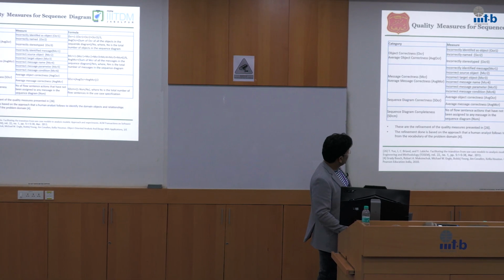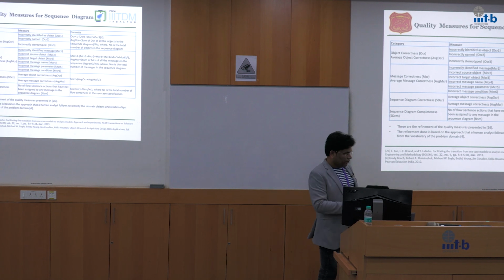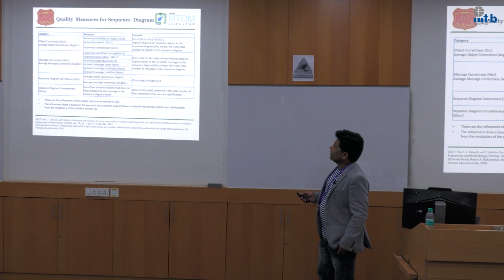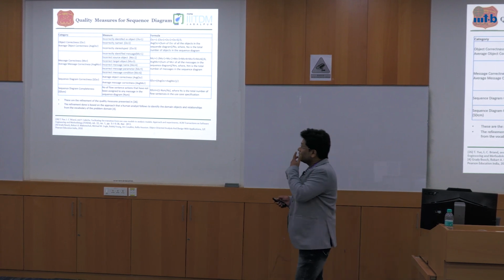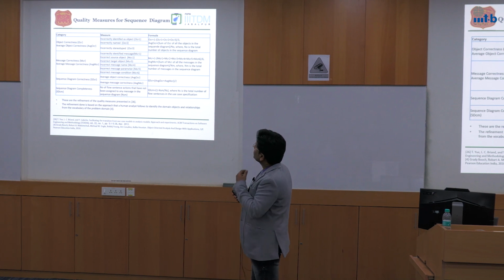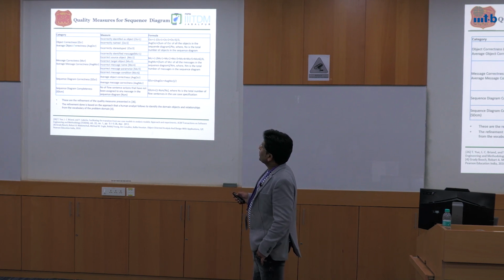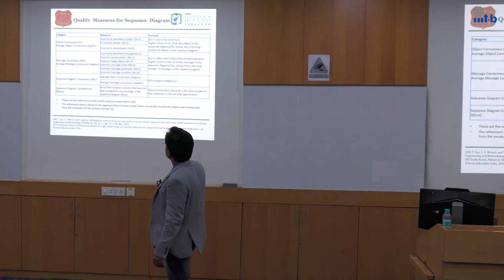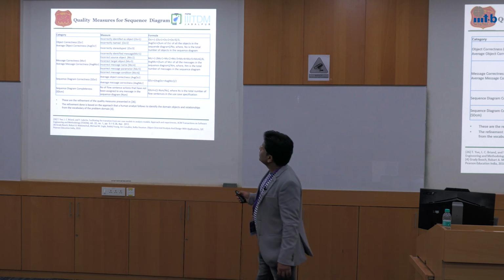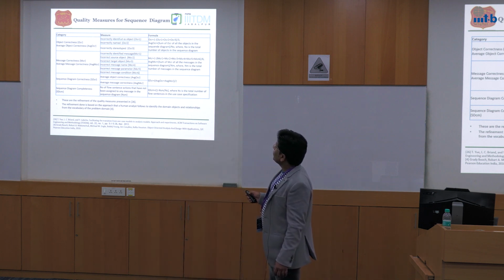After the evaluation, these were the measures used for finding how correct and how complete the generated sequence diagrams are, right? The first measure was object correctness, the second was message correctness, the third was sequence diagram correctness, and the fourth was sequence diagram completeness. The object measures were incorrectly identified objects, incorrectly named, and incorrectly stereotyped.